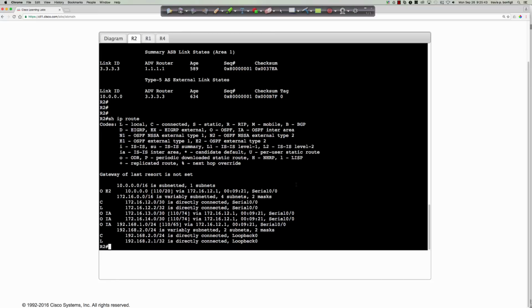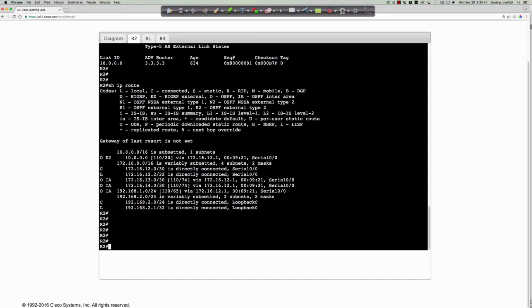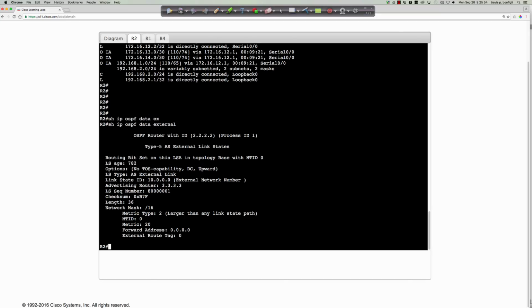And again, you can trim down the Type 5 LSA. So you could say show IP OSPF database, and external. And there is that Type 5 LSA. You can see the network mask is a /16. The metric type, and we'll talk about this as we move on, is a Type 2. We can change that and make it a Type 1, but right now it's a Type 2.